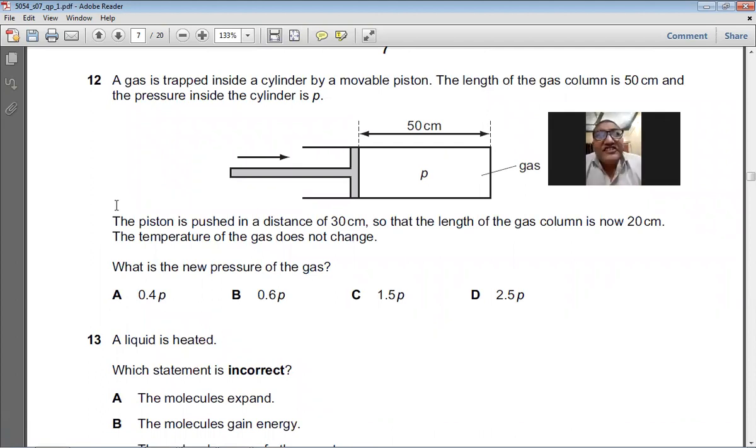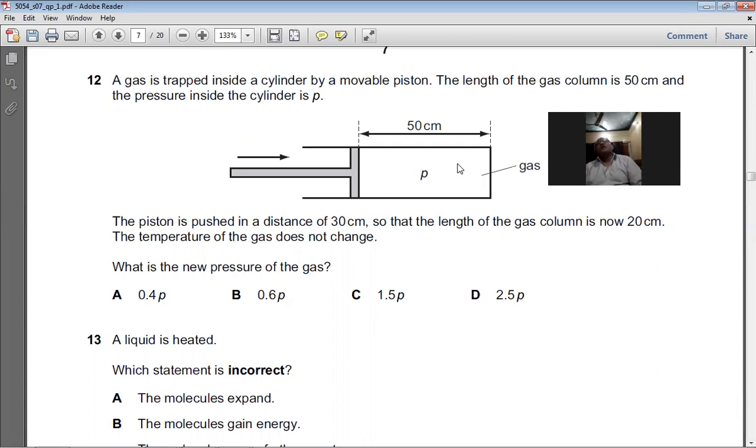A gas is trapped inside a cylinder by a movable piston. The length of the gas column is 50 centimeters and the pressure inside the cylinder is P. So when this length is 50, the pressure here is P. And you know the cross-sectional area, whether the piston is here or here, the cross-sectional area of this cylinder will remain the same.